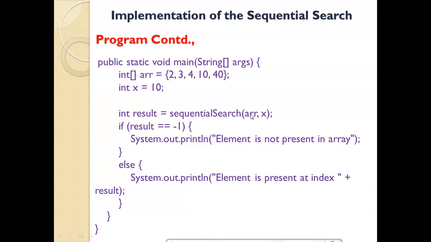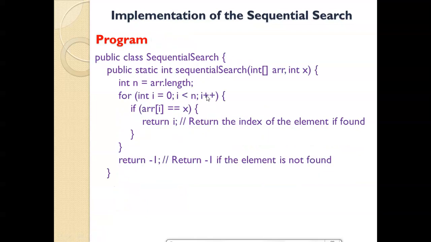In the function call, the parameters are ARR and X. ARR is the already created set of elements, and X is the searching value. Based on these parameters, it jumps to the execution of the sequential search definition. So here is the sequential search definition.